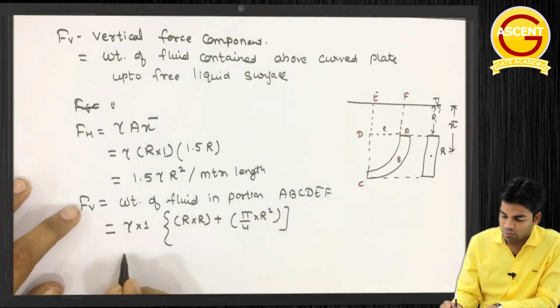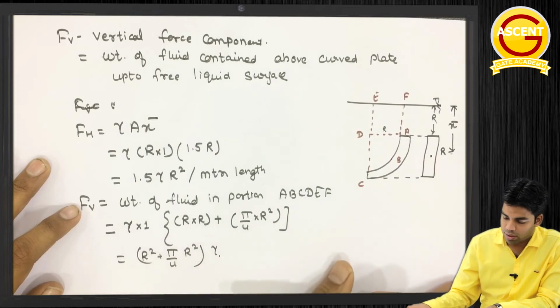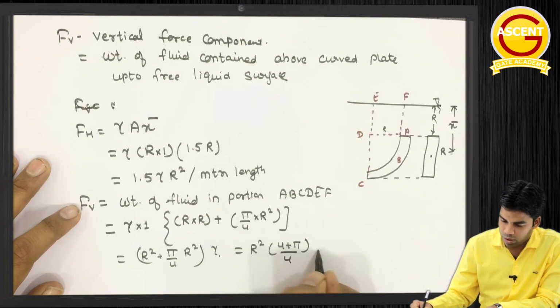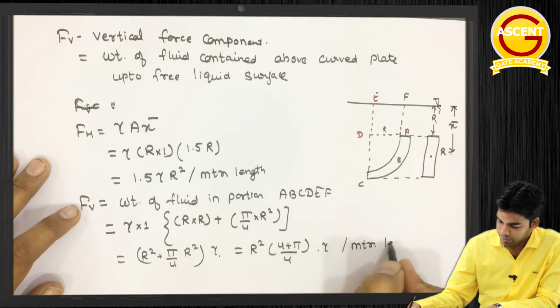Getting this or not? Okay, so from here we will get this as r square plus pi by 4 r square, into gamma. Or you can say this will be equal to r square into (4 plus pi) by 4 into gamma, this much vertical force per meter of length.